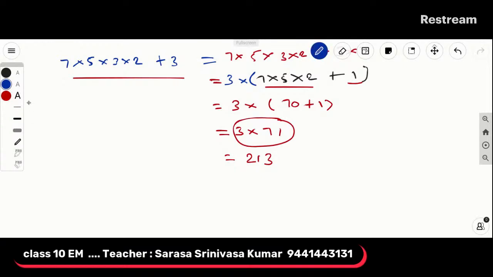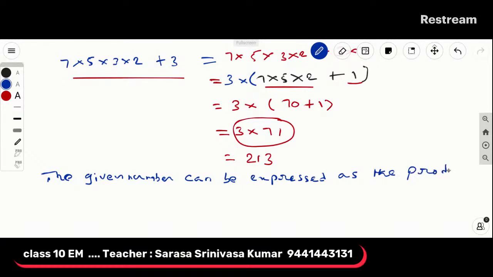We write: the given number can be expressed as the product of two prime numbers.